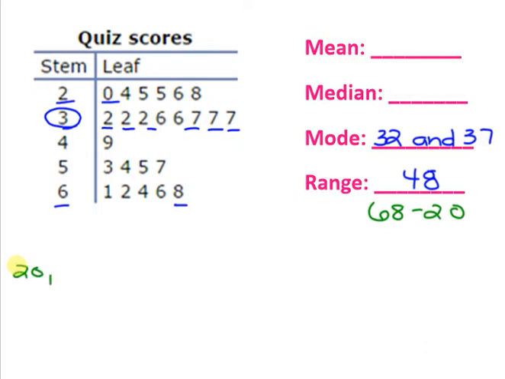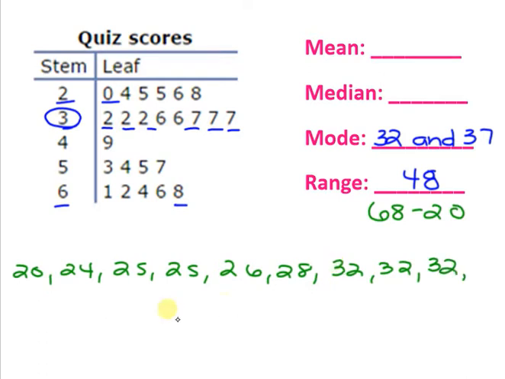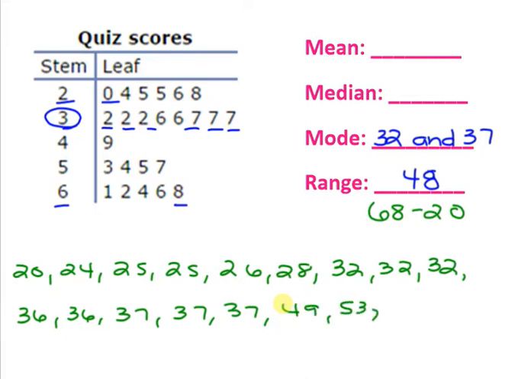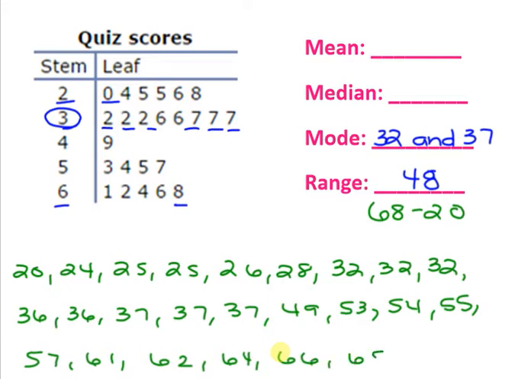So 20, 24, and I'm literally just listing them out from here. 25, 25, 26, 28, 32, 32, 32, 36, 36, 37, 37, 37, 49, 53, 54, 55, 57, 61, 62, 64, 66, and 68.